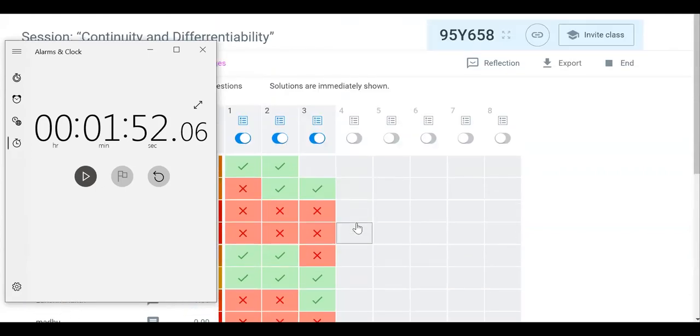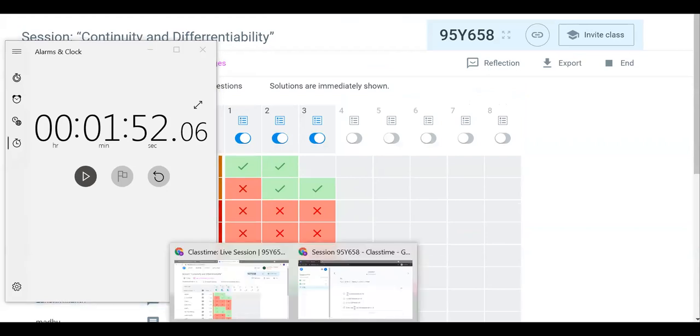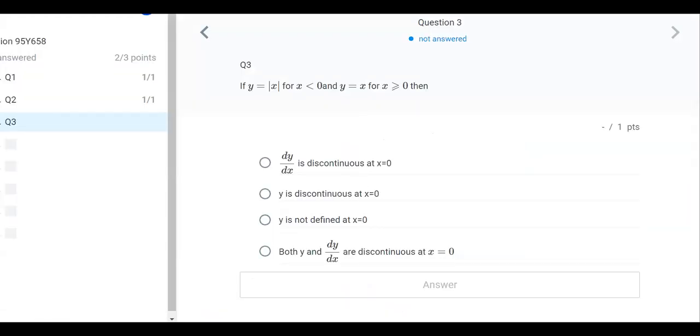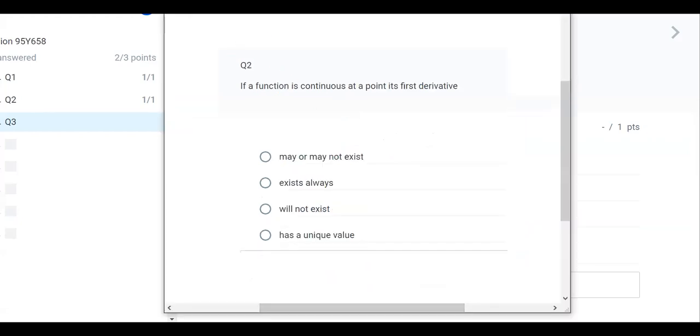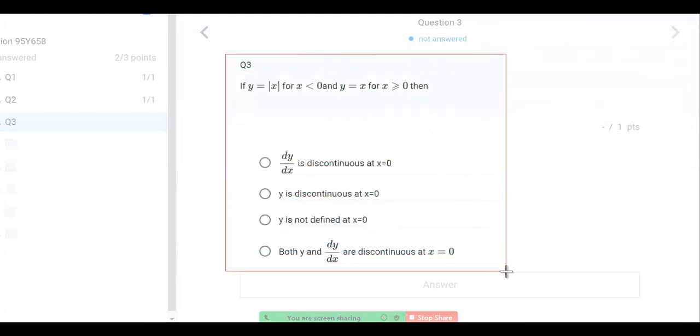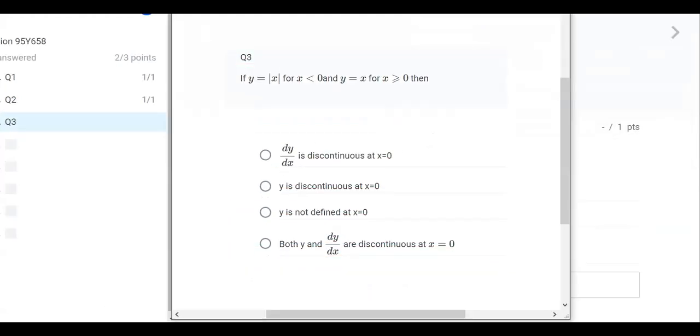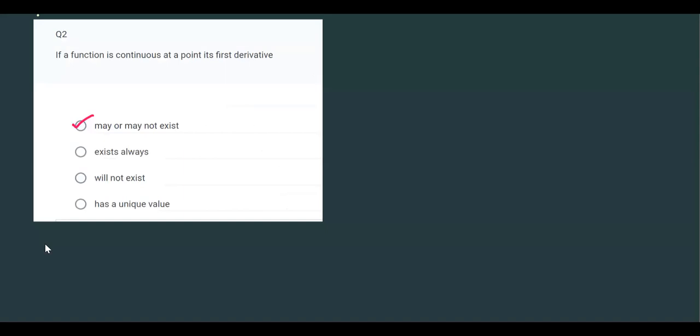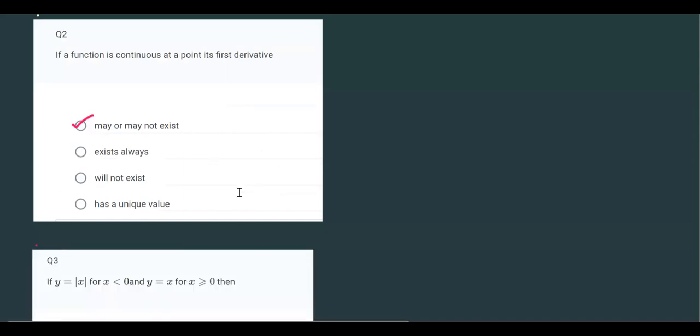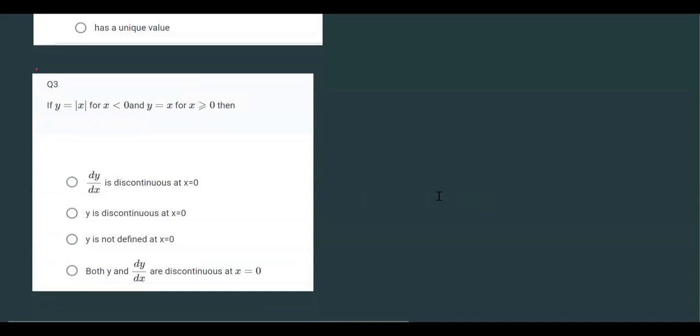So let's see the question. Now again, this is talking about mod x. y equal to mod x.